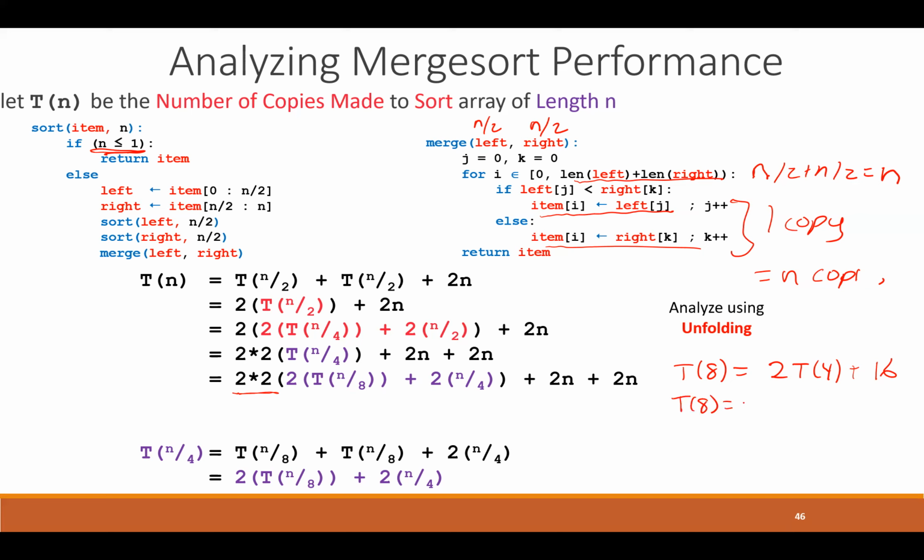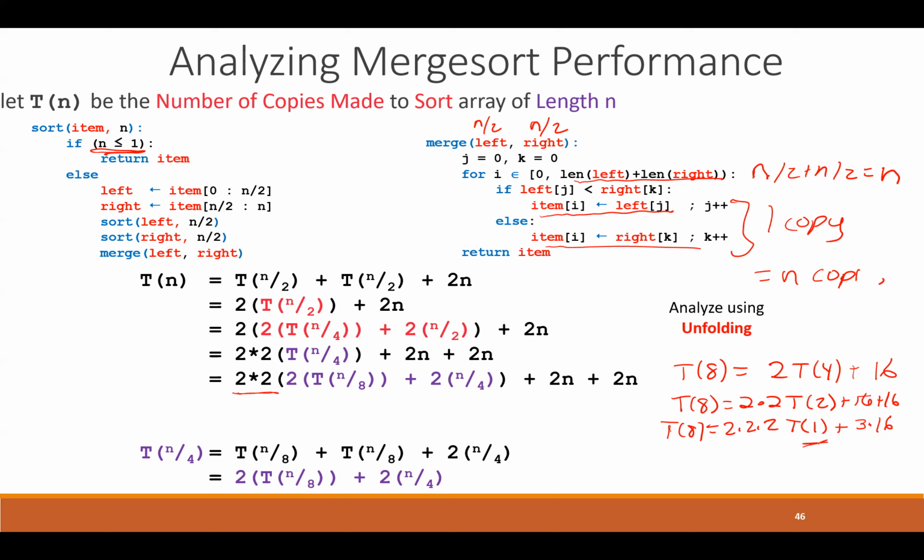So t of 8 equals 2 times t of 2 plus 16 plus 16. And then in the next level of my recursion, I have 2 times 2 times 2 times t of 1 plus 3 times 16. But at this point, my recursion is finished, right? I'm not making any more recursive calls.